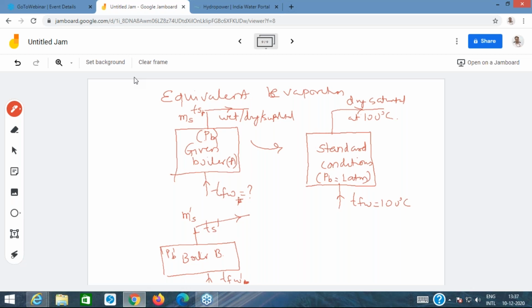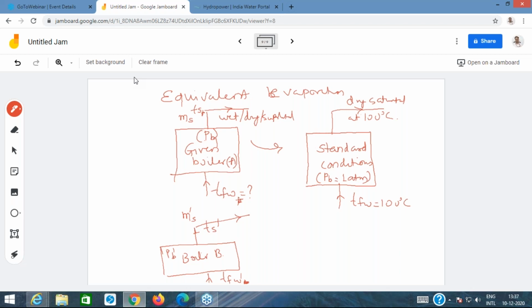Boiler A is operating at pressure PB, feed water is entering at TFW, the steam generation rate is ms, and the steam temperature is TS. For boiler B, the feed water is entering at TFW dash, the boiler is maintained at a pressure PB dash, the steam generation rate is ms dash, and the steam temperature is TS dash.